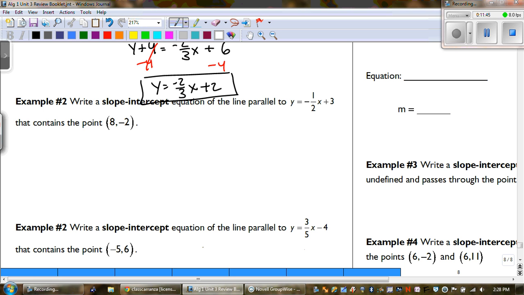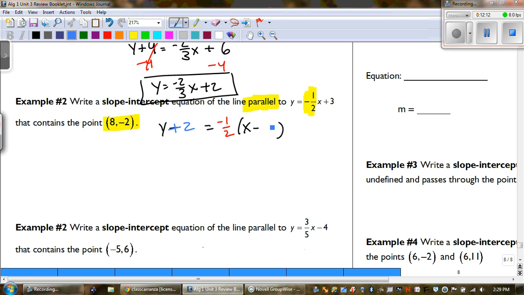All right, let's do another one together. So it's saying write a slope-intercept equation of a line parallel. So there we go, it's parallel. We got to steal the slope, and there's our point. Our slope is negative 1/2.